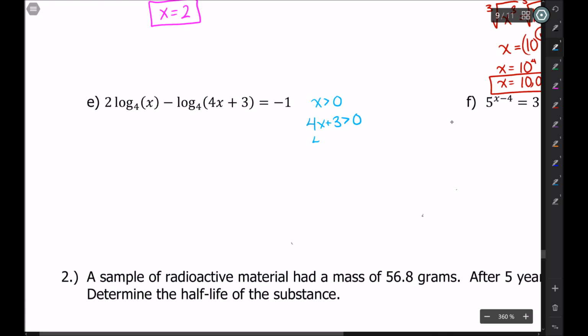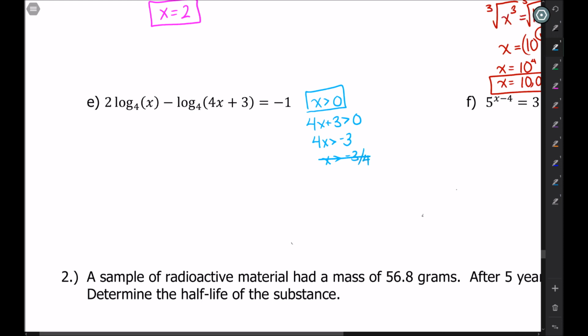So when I isolate the x, I get 4x is greater than -3, which means x is greater than -3/4. But this right here encompasses everything that's here and more. So this one is the more specific restriction because x can't be bigger than -3/4 and bigger than 0. So I'm going to go with the higher one, so x has to be bigger than 0.